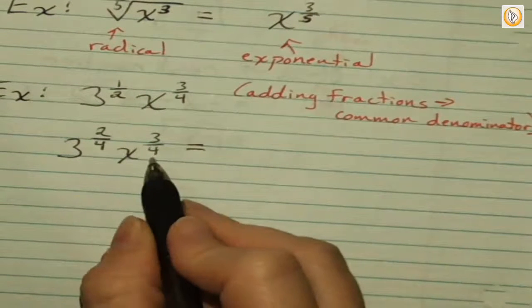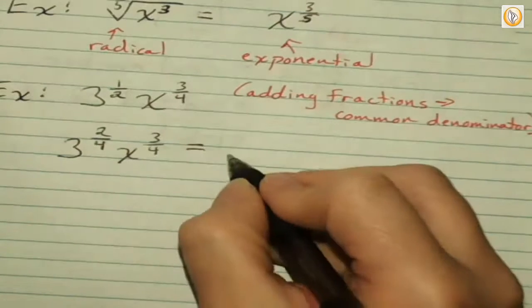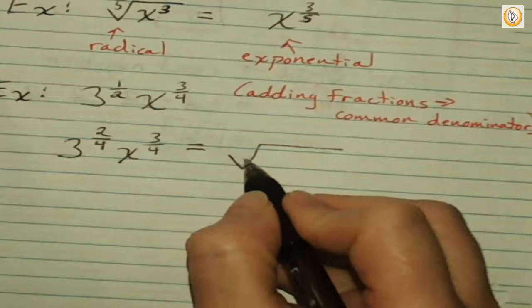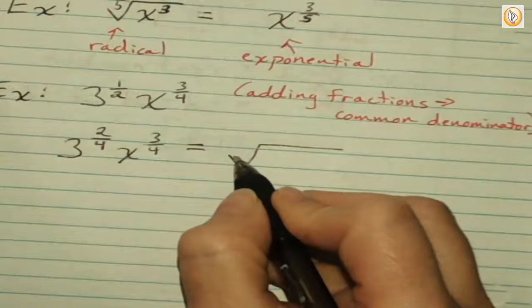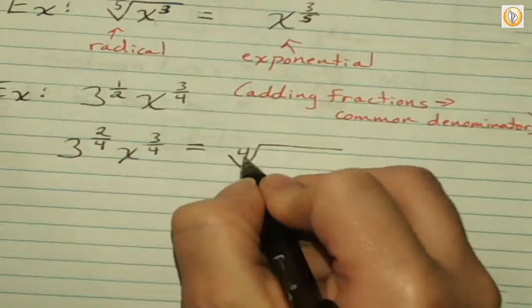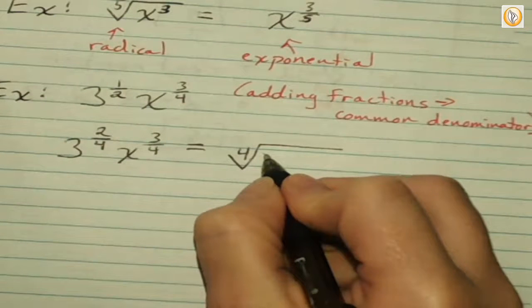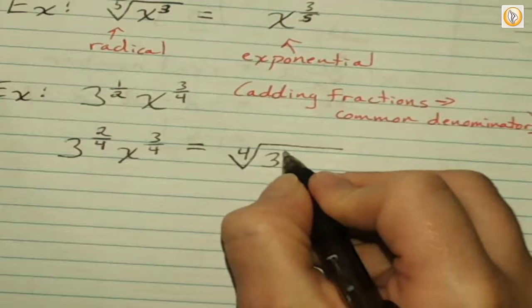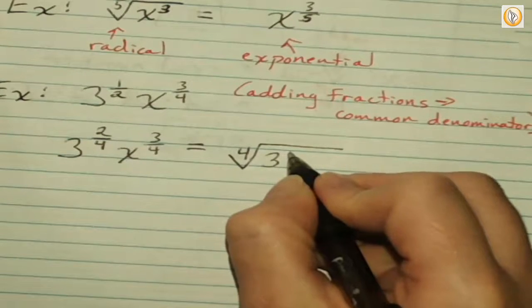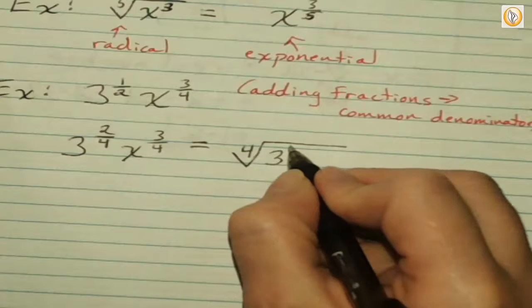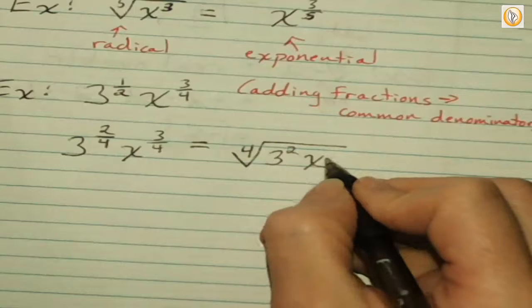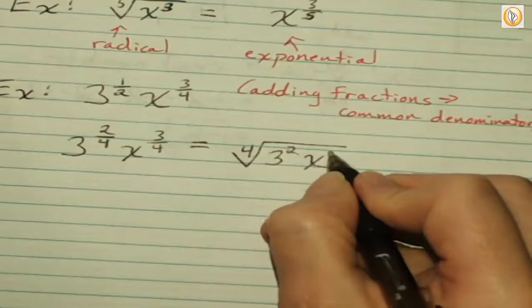Now that we have a common denominator, we can put it in radical form. What goes in the check, boys and girls? 4. Bingo. So in here, I'll have 3. What goes with that, Valeria? What would be its exponent? 2. There you go. And then x to the what, Miranda? There you go.